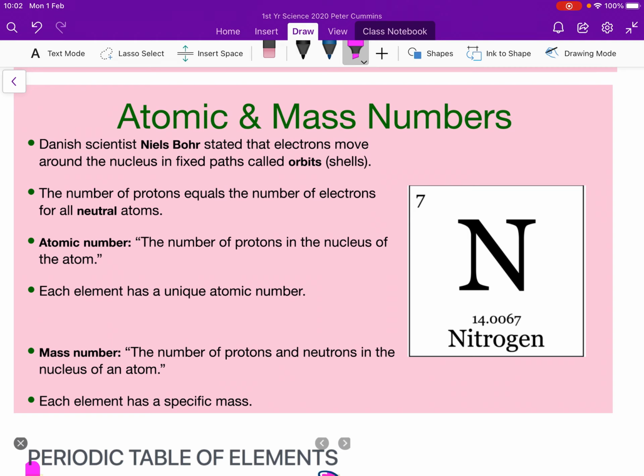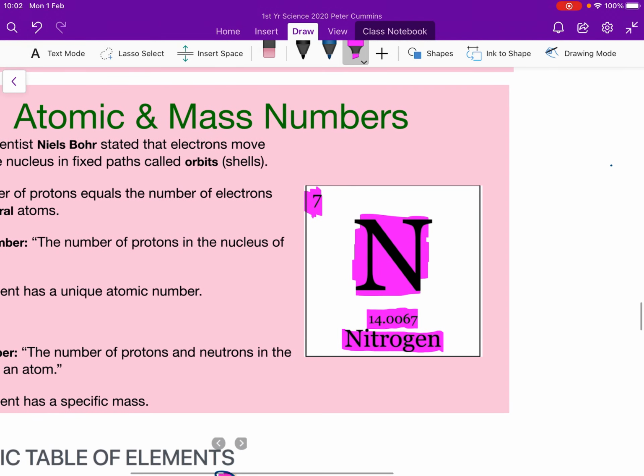So here's an atom of nitrogen on the right hand side. If you take any square out of the big periodic table, you get all this information. Up here I have a number, down here I have a number, here I have the name of the element, and here I have the symbol. So I can get a lot of information from that.